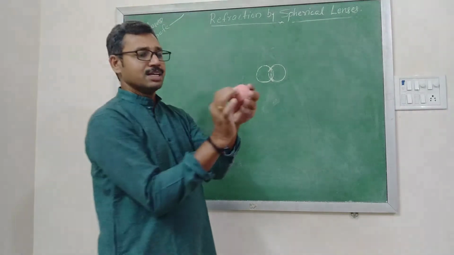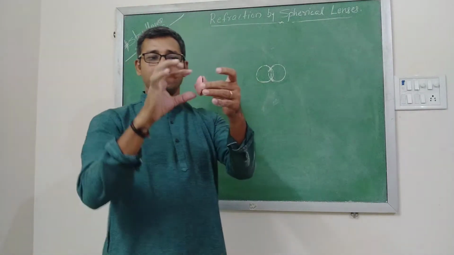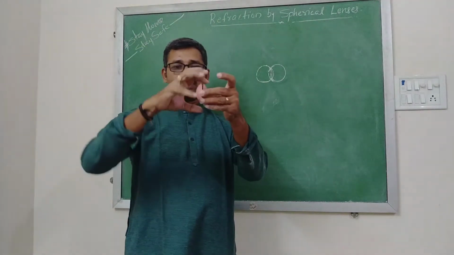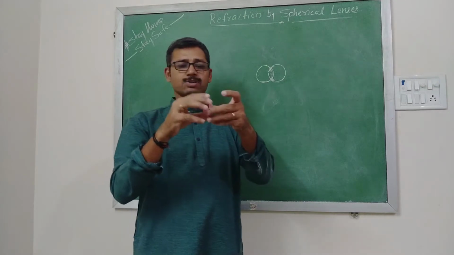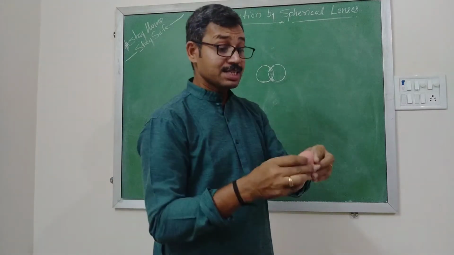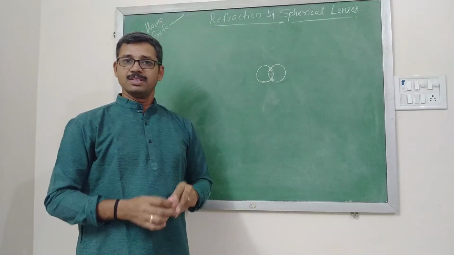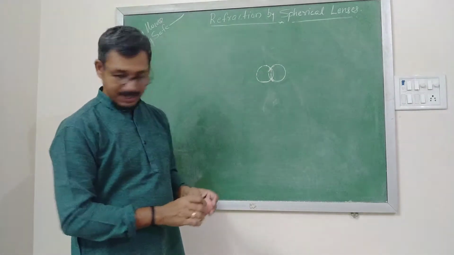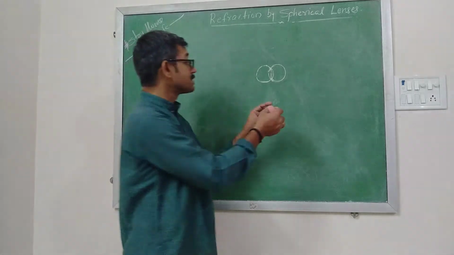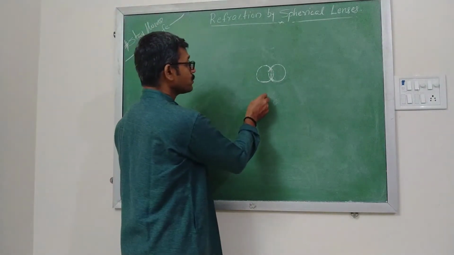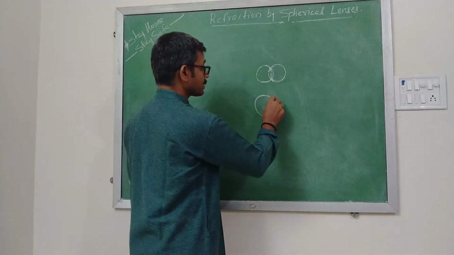This is the part of a sphere on this side, and this is the part of a sphere on the other side. So this lens is formed because of the two spheres. Now suppose these two spheres are not intersecting.